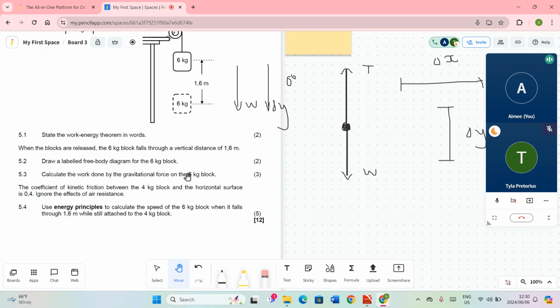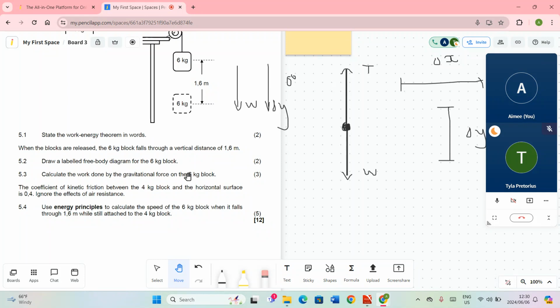Okay, so something very important that you need to know is that if a question says that you need to use energy principles, it means that if you use any other form of calculation, you're going to get it wrong. So you can't use your equations of motion. You can't use anything else. You need to use your work energy principles. Okay?